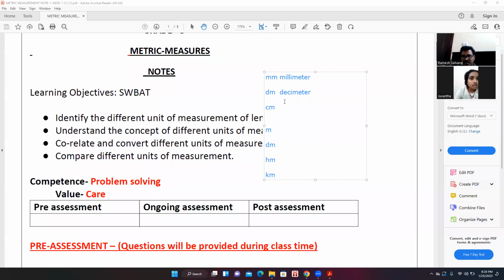Do you remember that, Jumanta? Decameter and hectometer and kilometer.